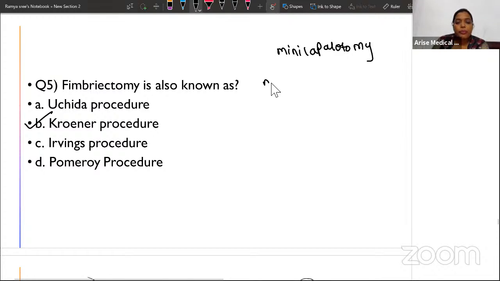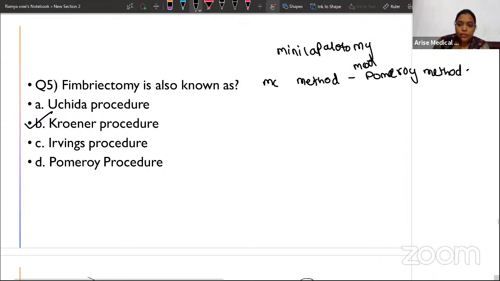The most common method of mini laparotomy is Pomeroy, the modified Pomeroy method. Right?